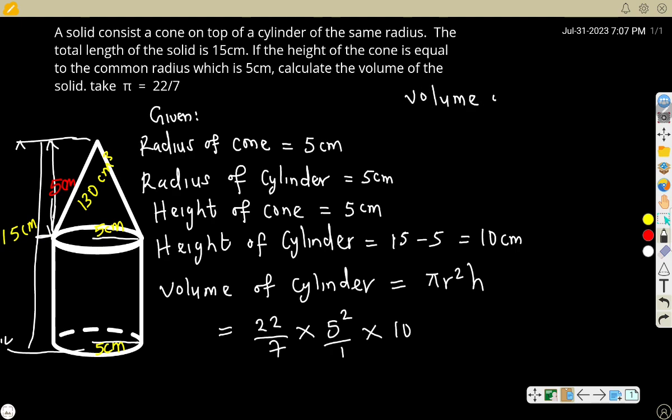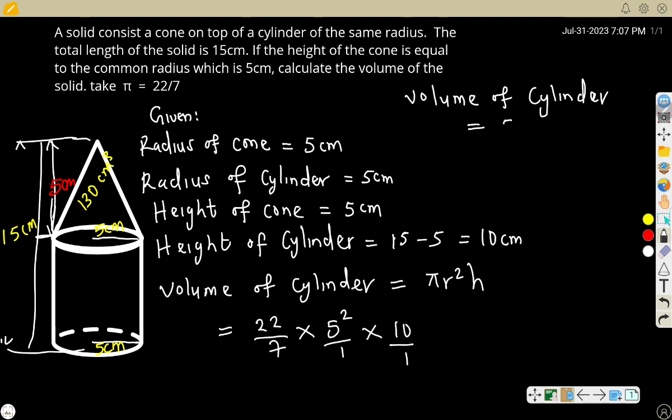The volume of cylinder is equal to 22 times 25 times 10. Remember, any number that stands alone is over 1.